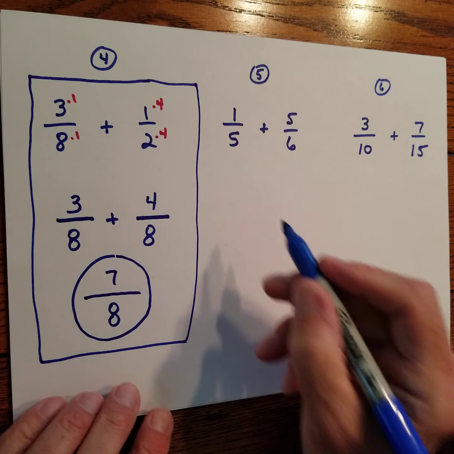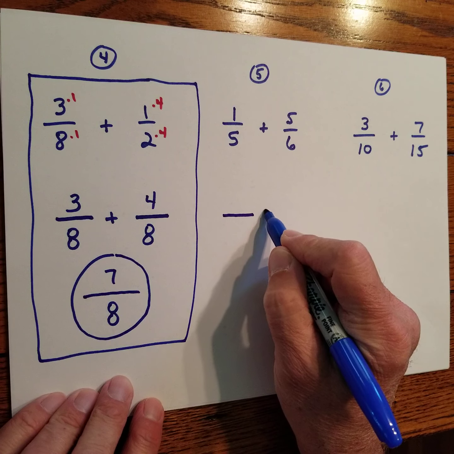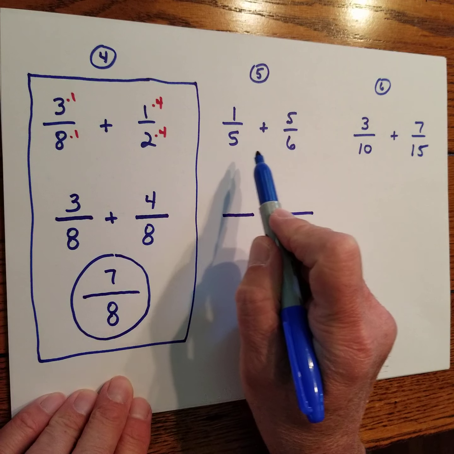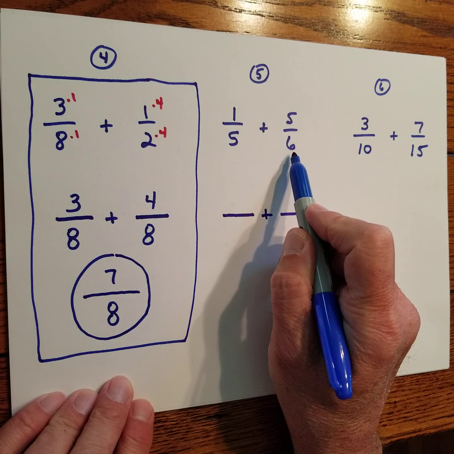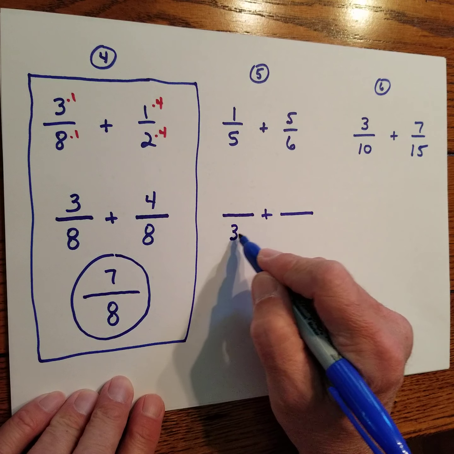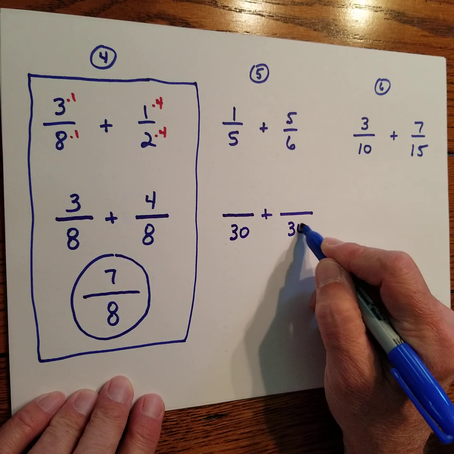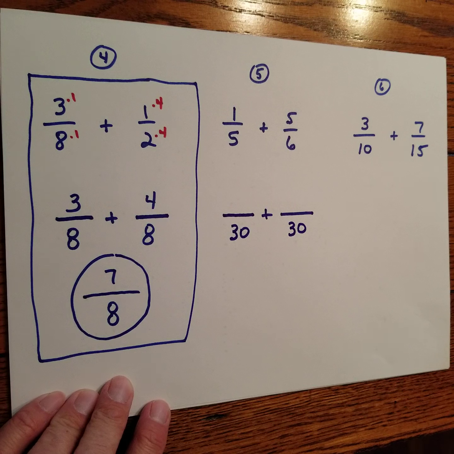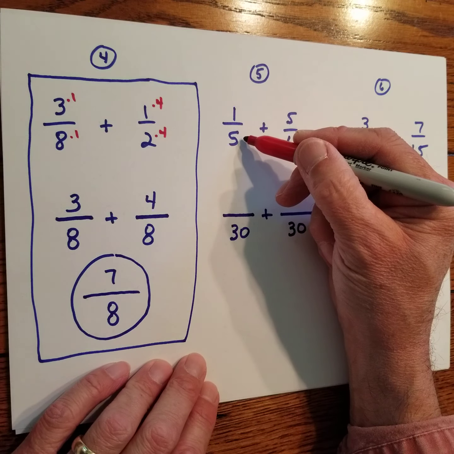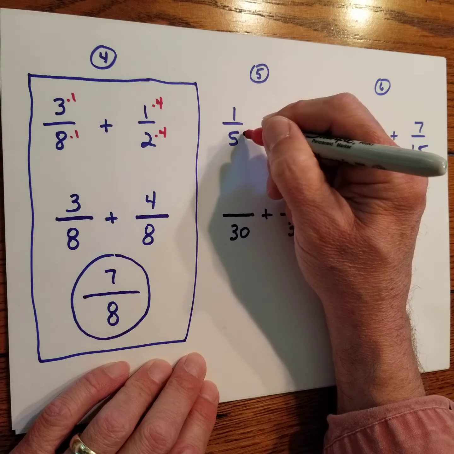Here comes number 5. Need a common denominator. Check to see if the smaller number divides evenly into the bigger number. It does not. If the 2 numbers are consecutive, multiply them together. 5 times 6 is 30. 30 makes a good common denominator. Now what do you multiply times 5 to get 30?